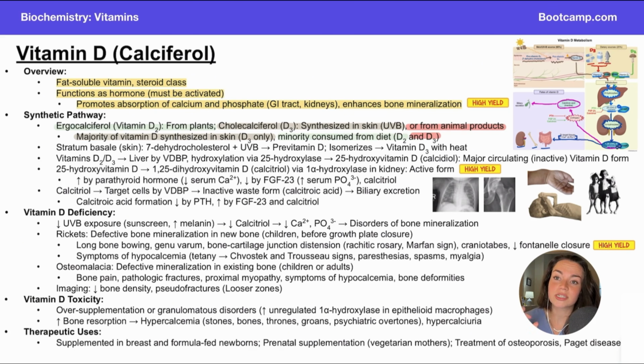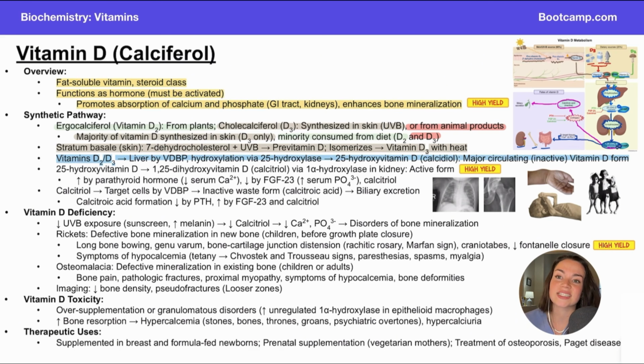Then we got into a little more detail on that skin synthesis pathway. Specifically within the skin, this is happening in the stratum basale layer. We talked about how that 7-dehydrocholesterol, when met with UVB, becomes pre-vitamin D, which isomerizes into vitamin D3, as we've been discussing it, with heat. Once we established either D2 or D3, regardless of what kind it was, it would bind to the VDBP, the vitamin D binding protein, make its way to the liver to be hydroxylated via that enzyme 25-hydroxylase.